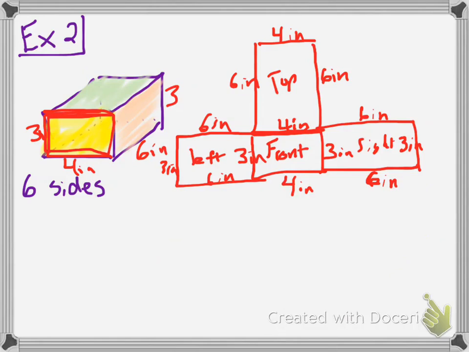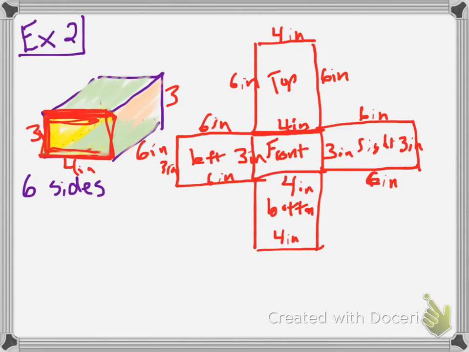And then if I go back a little bit, the bottom, which is right here, it's a 4 by 6 rectangle. I'm going to extend it from here down. So here's the bottom. The bottom and top are directly connected to that front piece of the rectangle. See right in here and right in here.